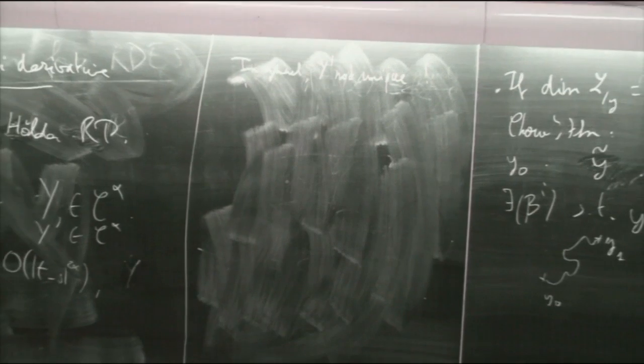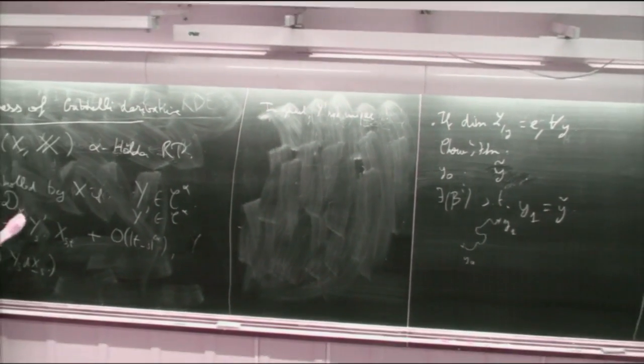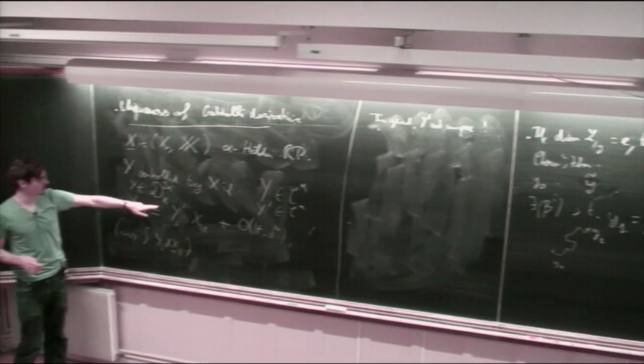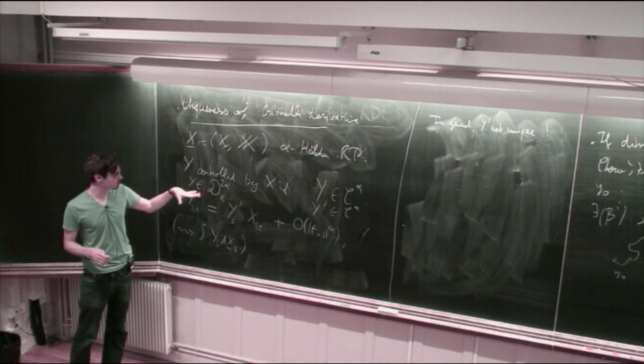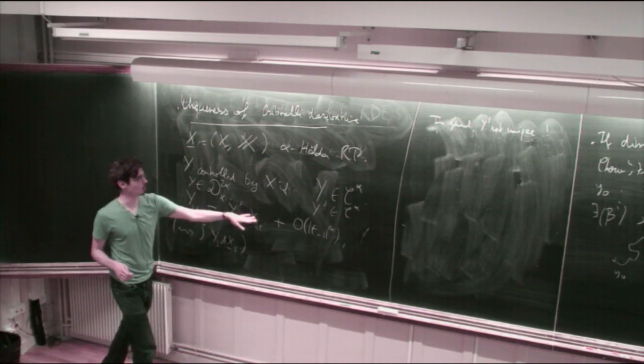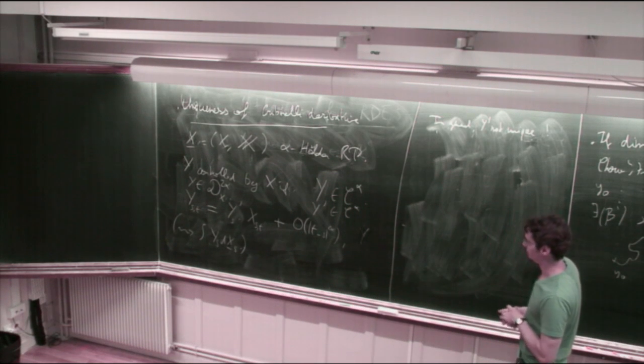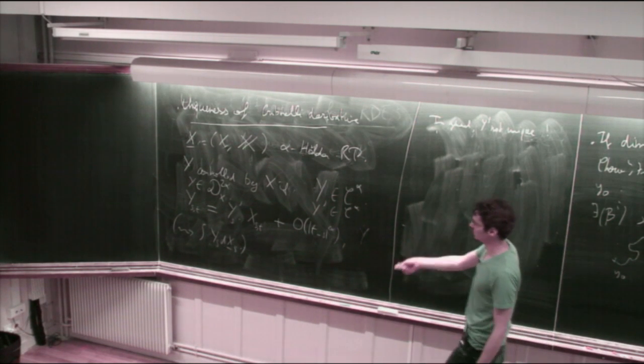Let me give it a name. I'm not sure if we will need it, but let's call it D_X^{2 alpha}, which is notation inspired by Hairer's notations, which means that basically y is well described by x up to order 2 alpha. Okay, so this is this space here.